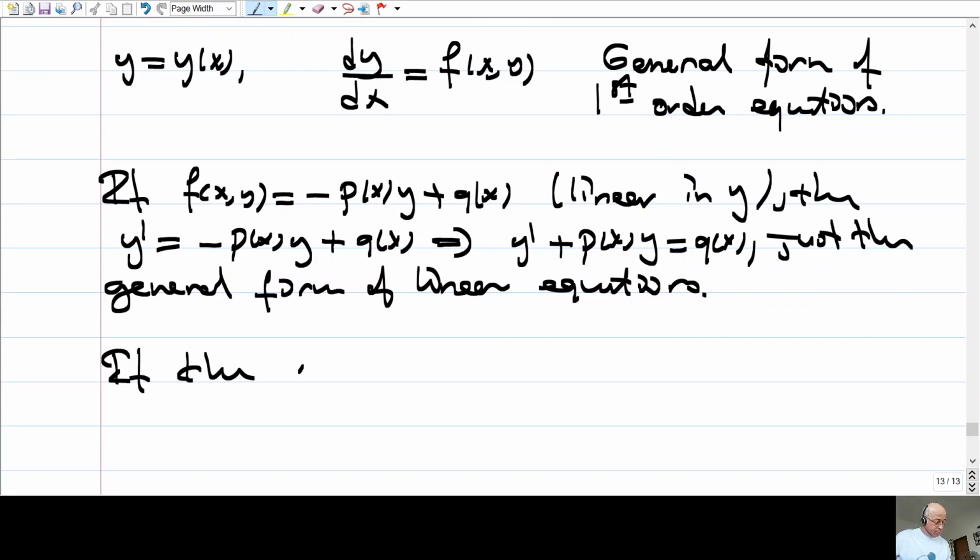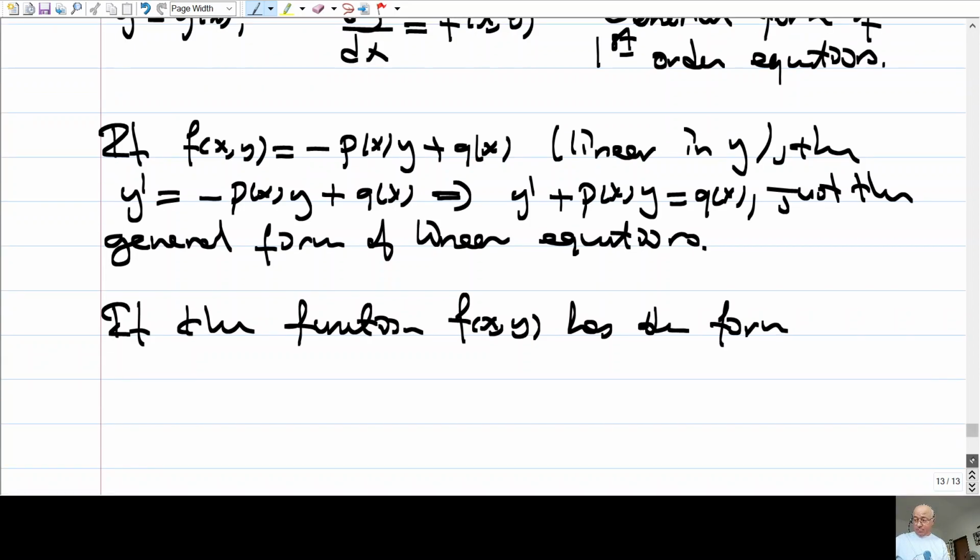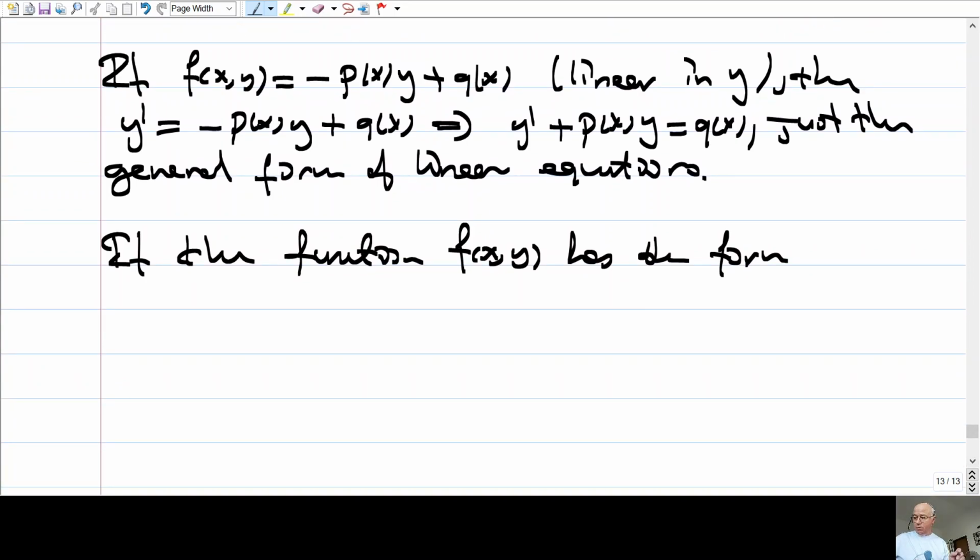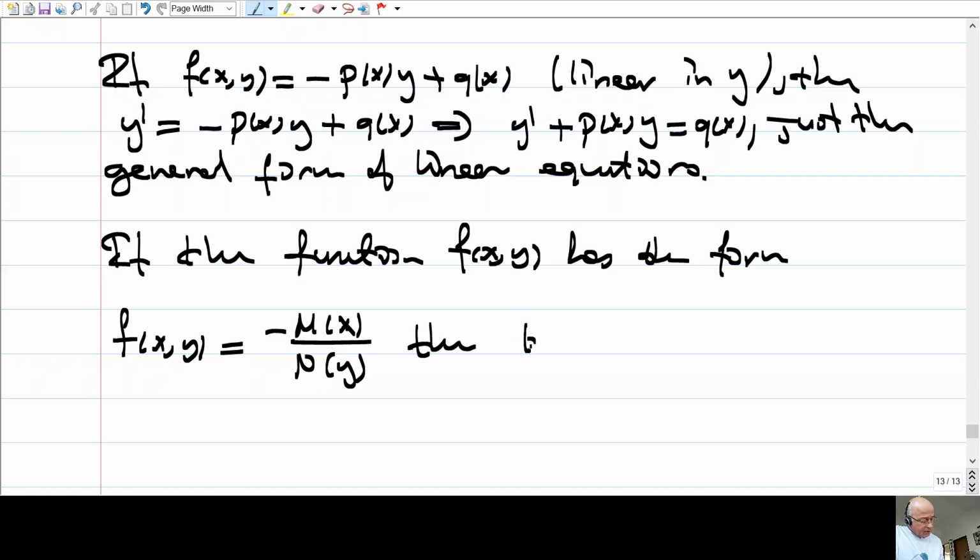If the function f(x,y) has the form, let's say, minus m(x) divided by n(y), then the equation is called separable.